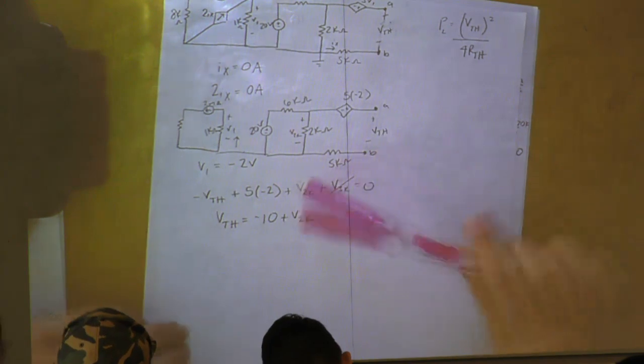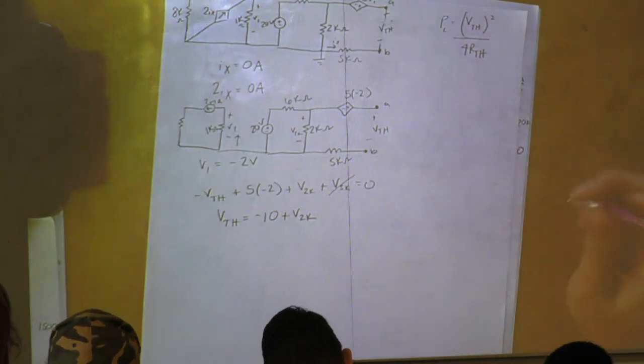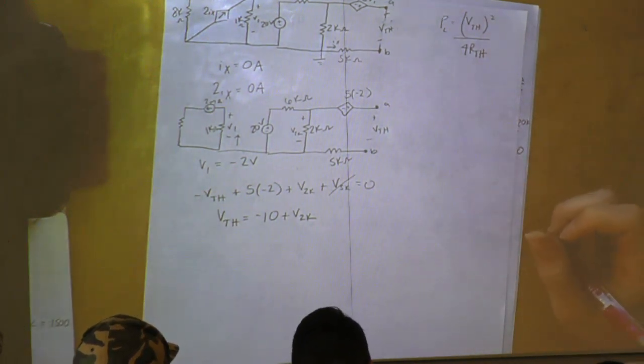So we'll have to find this voltage across the 2 K ohms to find our VTH.